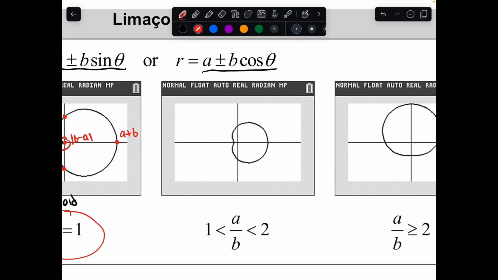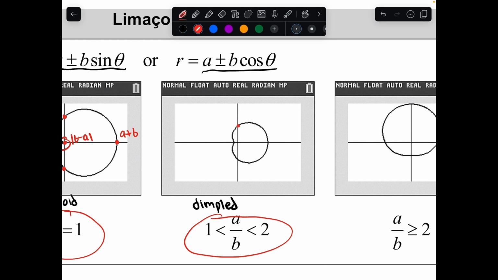Moving on to the next case, we're dealing with ratios that are between 1 and 2. So A is bigger than B, but it's not twice as much as B. In this case, we actually kind of get a little dimple right here. So we call this one a Limacon with a dimple, or a dimpled Limacon. Now the points still follow the same pattern.